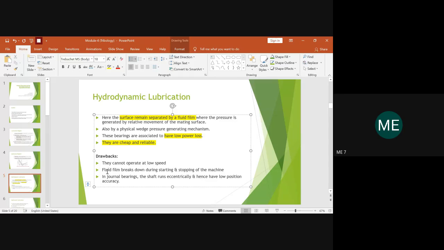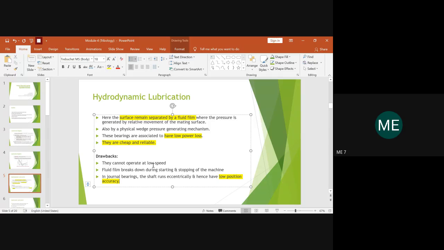The second thing is the fluid film associated across the inlet of the oil. It will break down during the starting and stopping of a machine. When the machine starts and stops, at that time the fluid film breaks down. This is one more drawback. And lastly, the third one: in hydrodynamic journal bearings, the shaft always runs eccentrically, and hence it has low position accuracy.